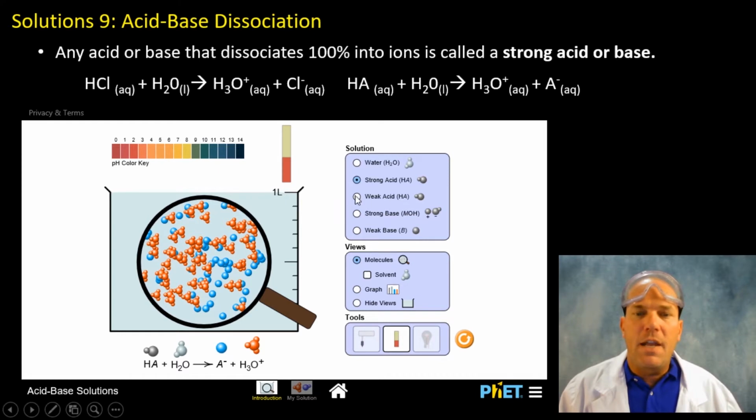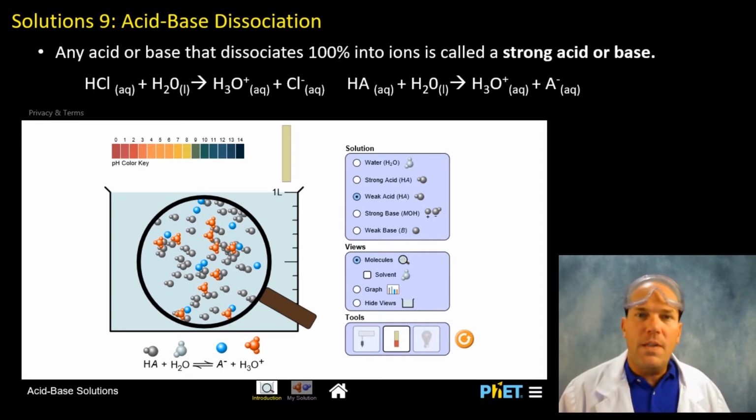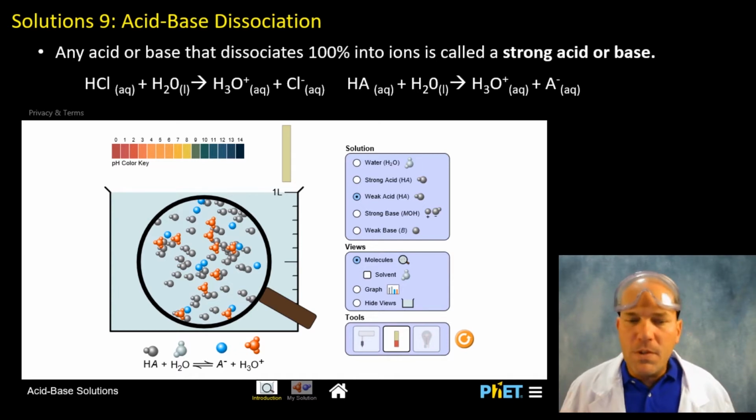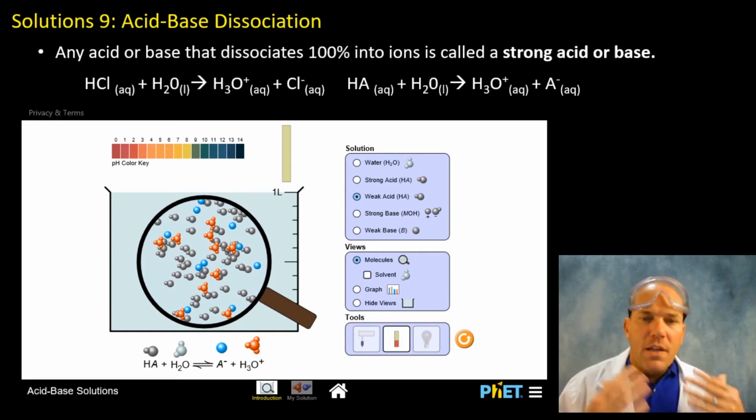Now I'm going to look at a weak acid here on the simulation. Start with the equation on the bottom. First and foremost, note that we have an equilibrium. It points both directions, showing these species are all present in varying concentrations. And if you look at the beaker, you can see most of the chemical species are the weak acid.